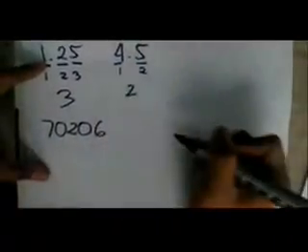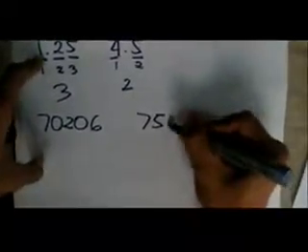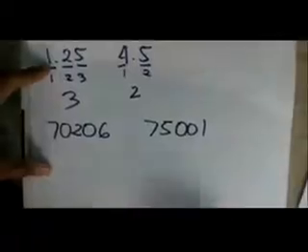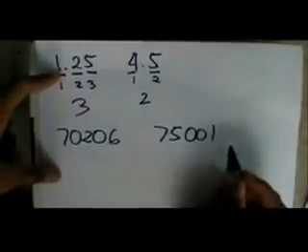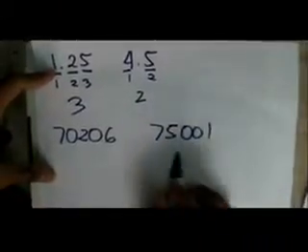The next rule is that zeros in between are always significant. For example, 70206 and 75,001. These numbers contain zeros, but the zeros are in between non-zero digits, so they are significant.